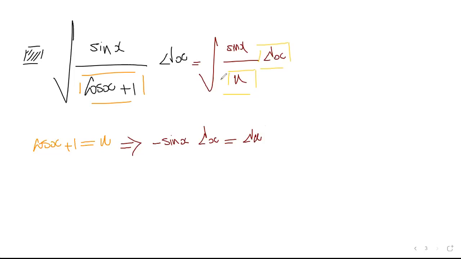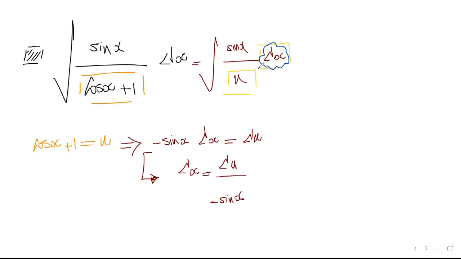Now, you bring your scissors. You want to cut dx and replace it, which means you divide both sides by minus sine x, and what do you get? dx equals du over minus sine x, right?